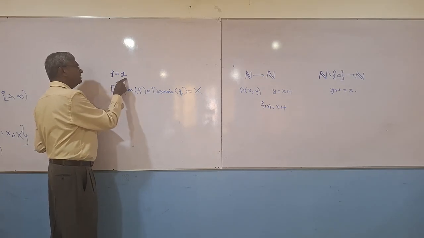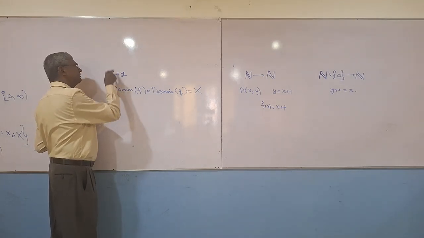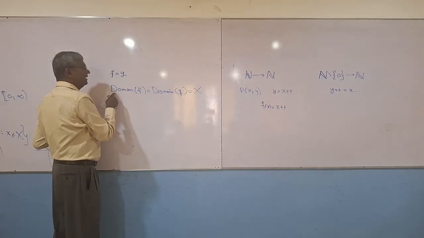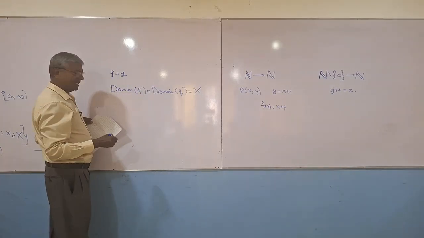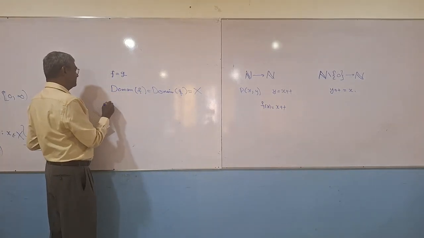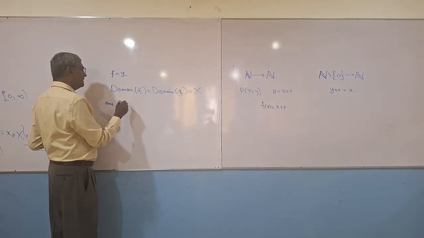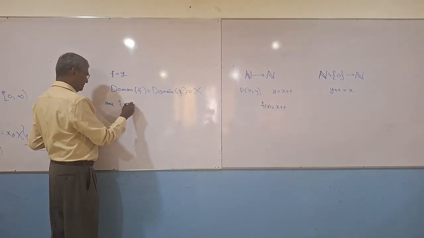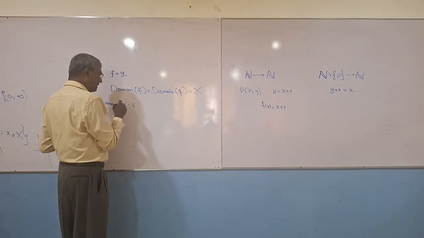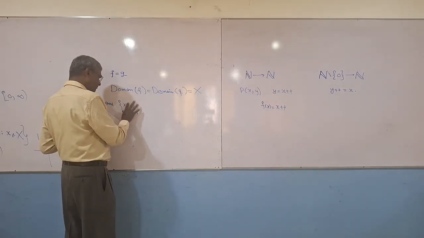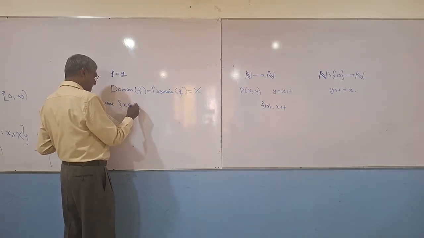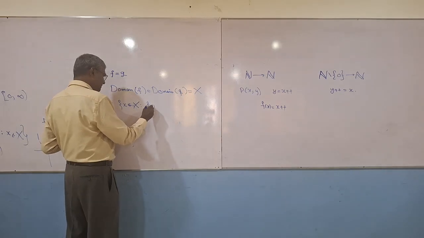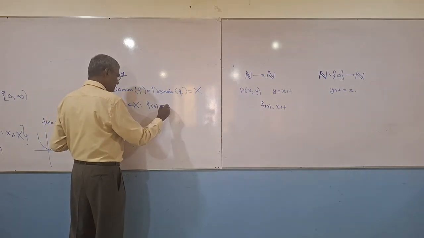So in order for the function f to be equal to the function g, this must be the case: for the set of all x belonging to capital X, f(x) must be equal to g(x).